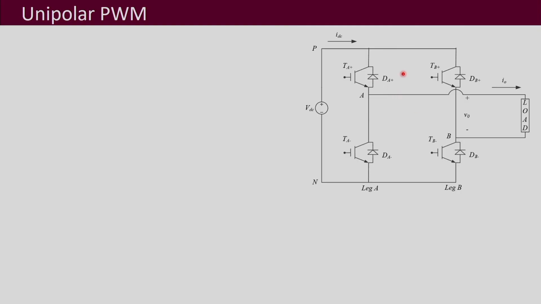So, in this one, what is done is that leg A and leg B are treated individually. In bipolar PWM, what we had seen was these two diagonal switches, TA plus and TB minus, and TA minus and TB plus, were always switched on and off together.